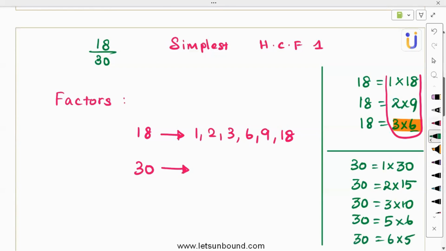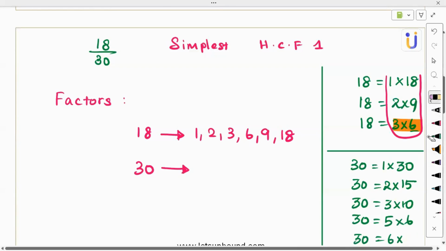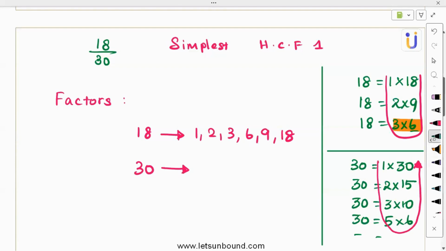But it repeats, so you can stop here. Now let me list it out: 1, 2, 3, 5, 6, 10, 15, 30. The beauty of this way of finding factors is they will be in order. We won't miss out anything, so there will be no chance of a careless error.